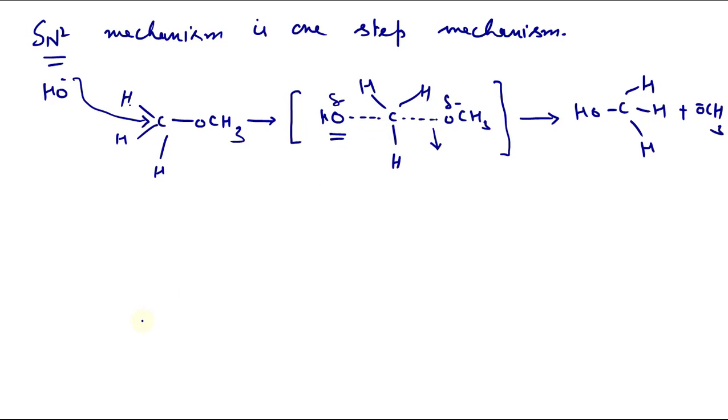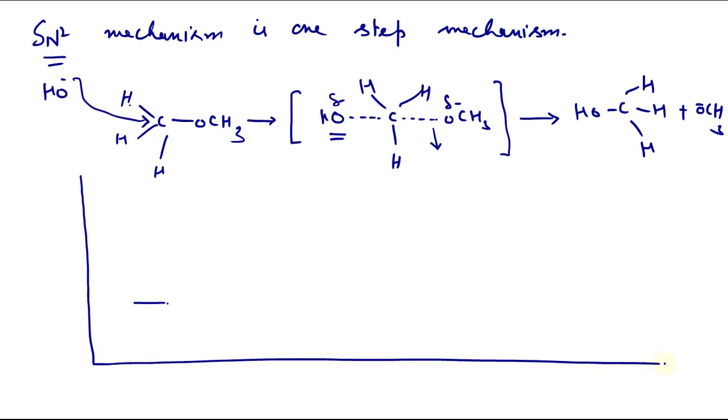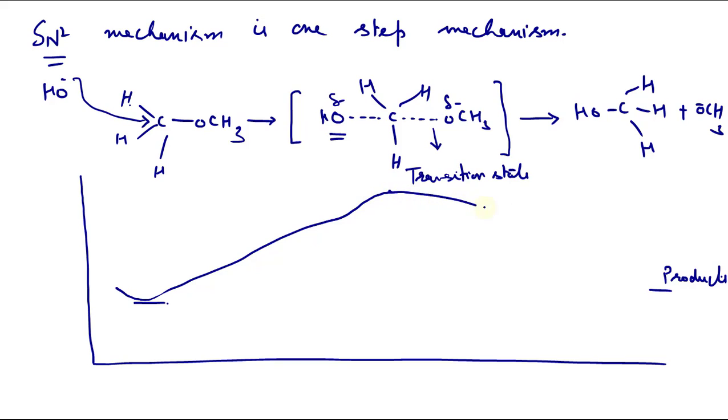Suppose here we have the reactants. If we write its energy profile diagram, here we have energy and here we have progress of the reaction, and here is the transition state, and here we have products. This can be the energy profile diagram of this reaction.